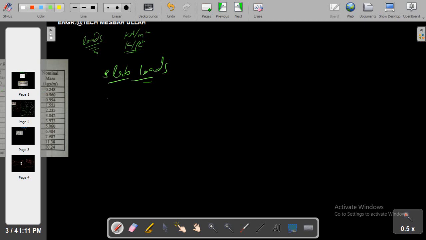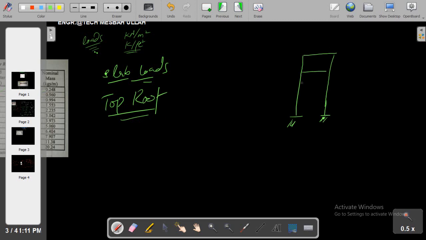Let's say we do the calculation for the top roof, because the top roof loading is sometimes different from the intermediate floors. So for example, let's say I have drawn a structure right here, and these are the various floors. So this is my top floor, the top roof, right? On the roof there are different types of loading, like snow loading.